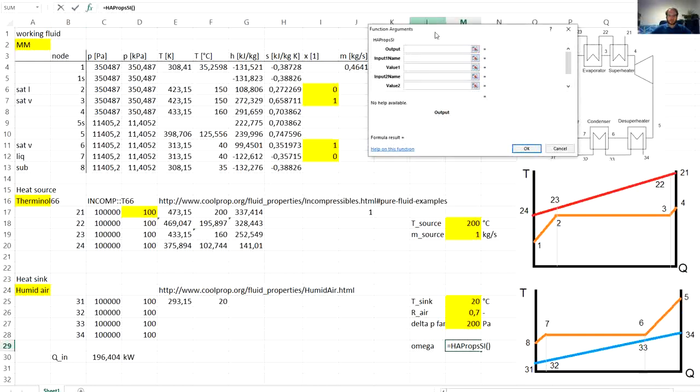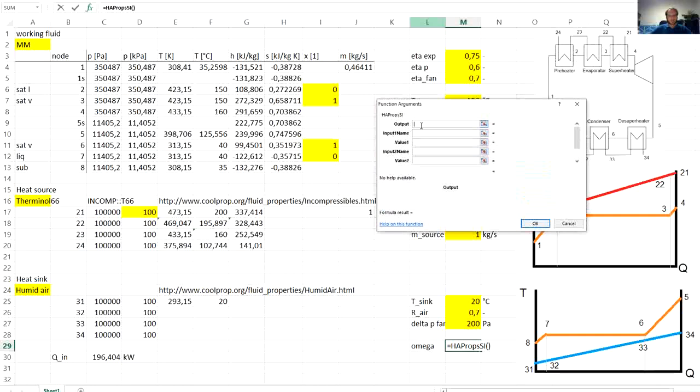If we go to the dialog window for this function, the output we want here, the absolute humidity, is W, with the input parameters being, first, temperature, which we have over here.